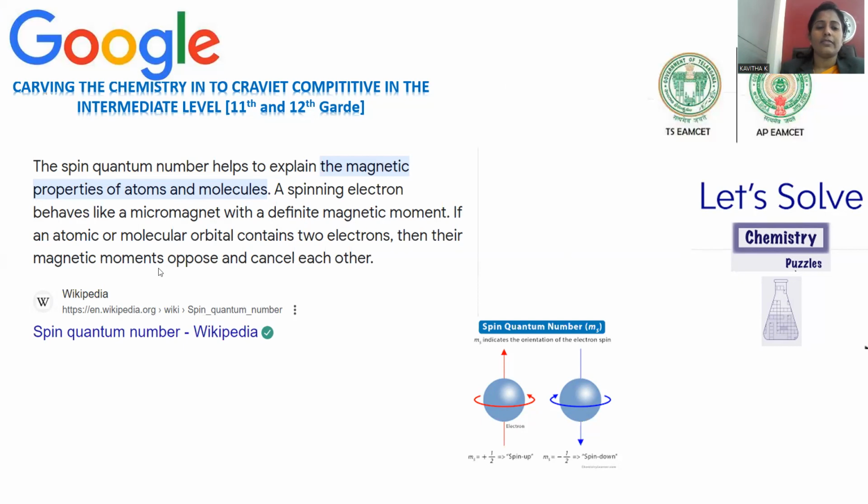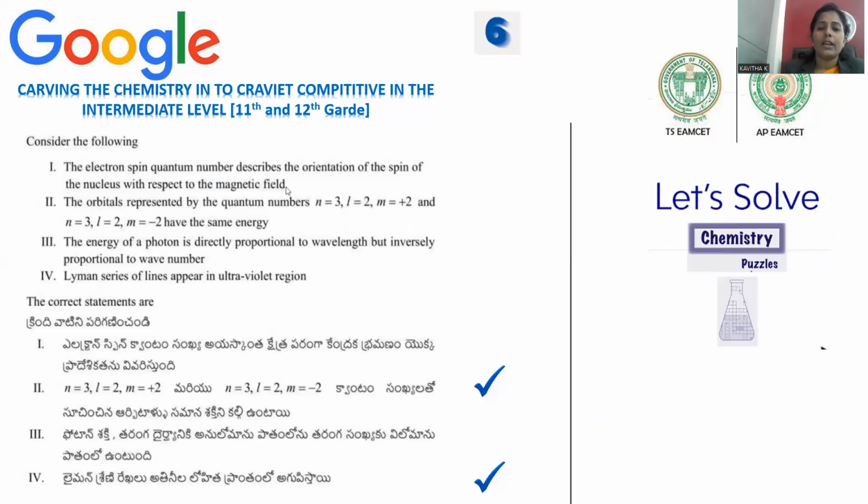So it purely gives the description regarding the spinning electron, which is of two types. One electron is spinning clockwise, another is spinning anti-clockwise, opposite to each other. This is the spin quantum number. But they are saying spin of the nucleus, which is wrong. So the first option is wrong.